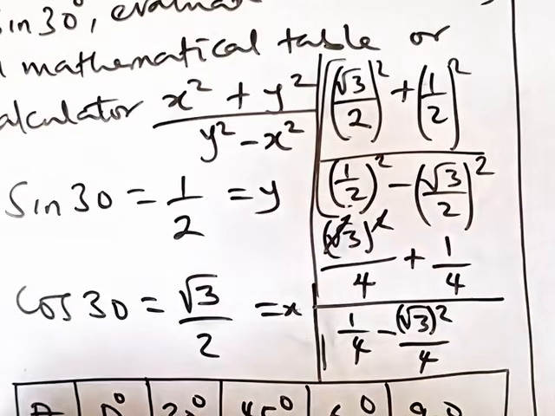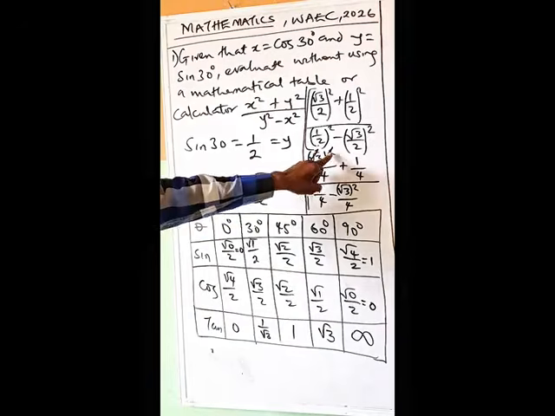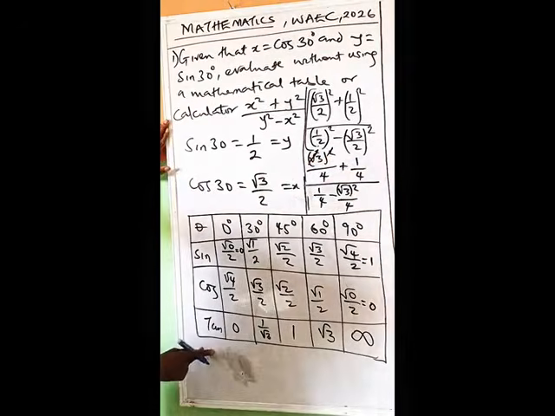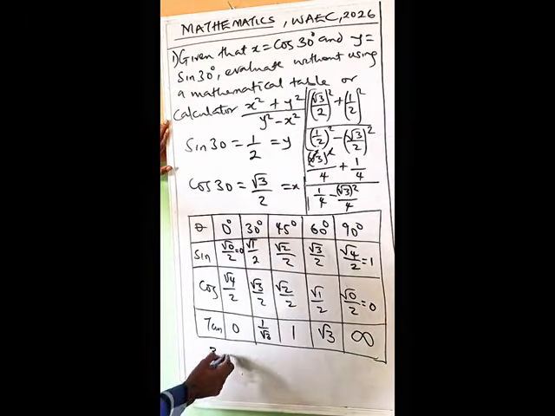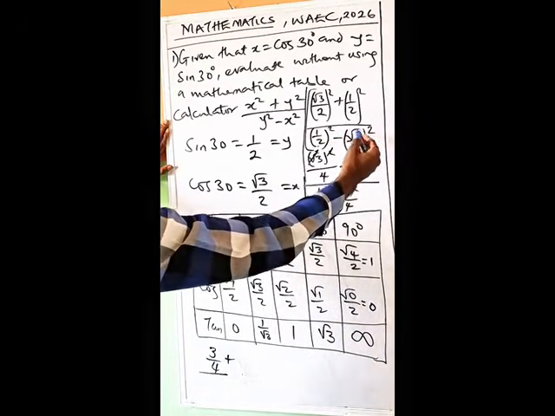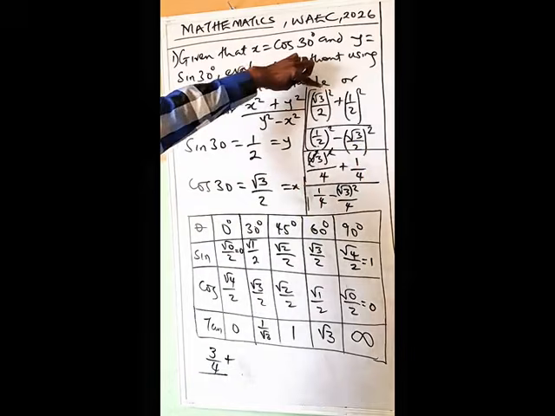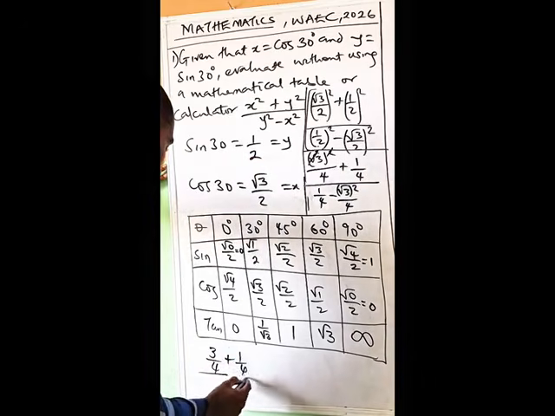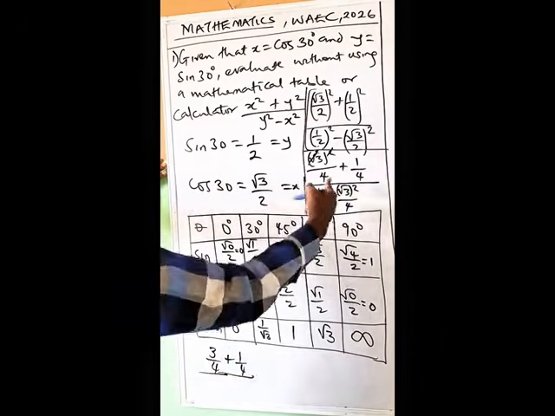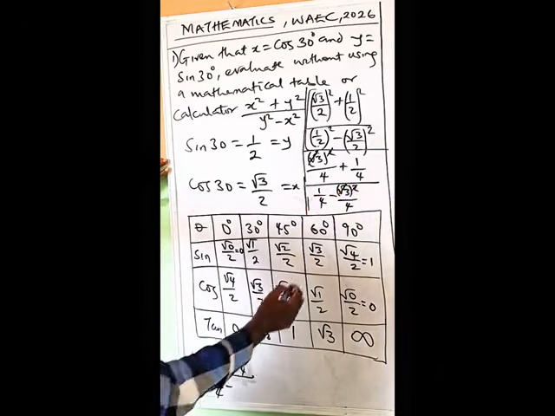Alright, the square cancels the square root, so I have 3 over 4 plus, then this also from here, root 3 squared divided by 4 plus, then I have 1 over 4, all divided by, I'll come to the denominator, 1 over 4 minus this, we cancel this, 3 over 4.